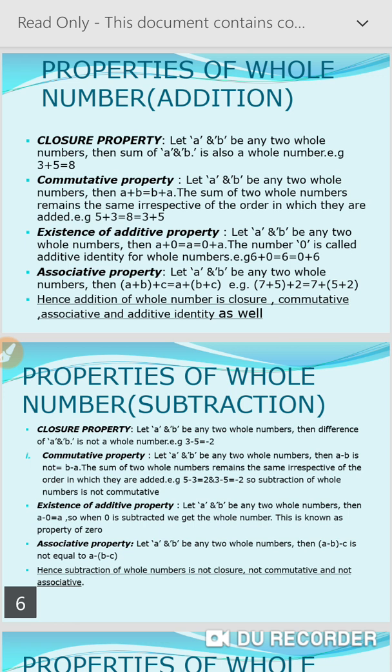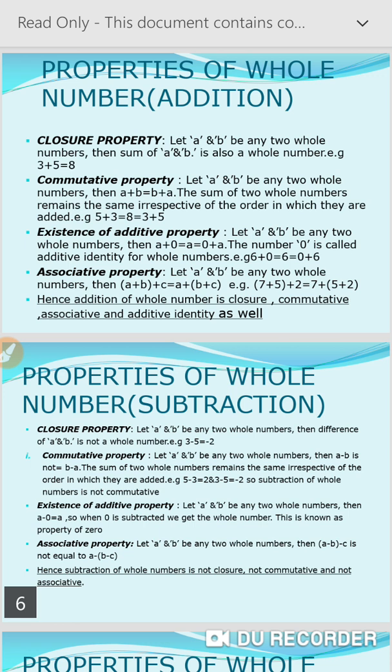I'll repeat these 4 properties once again, class. Please listen carefully. First one is your closure property. What your closure property says, if you add 2 whole numbers, their addition will also be a whole number. What your commutative property says, if you add 2 whole numbers in any order, their addition will remain the same.